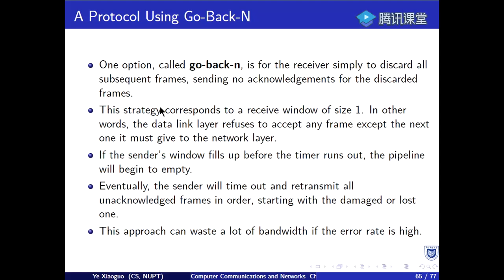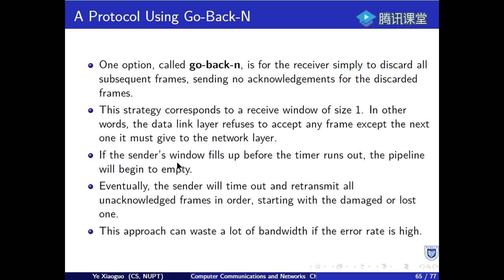If the sender's window fills up before the timer runs out, the pipeline will begin to empty. Eventually, the sender will time out and retransmit all unacknowledged frames in order, starting with the damaged or lost one.